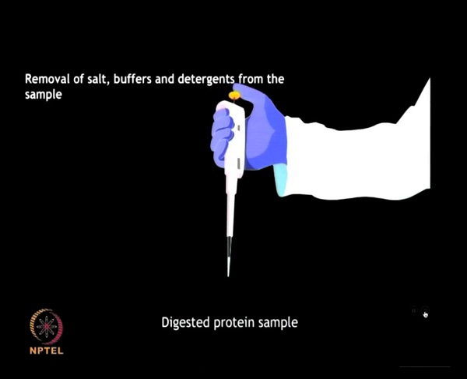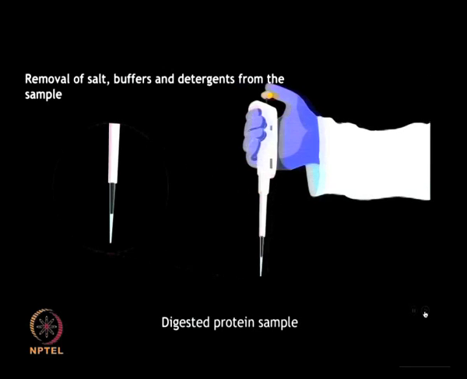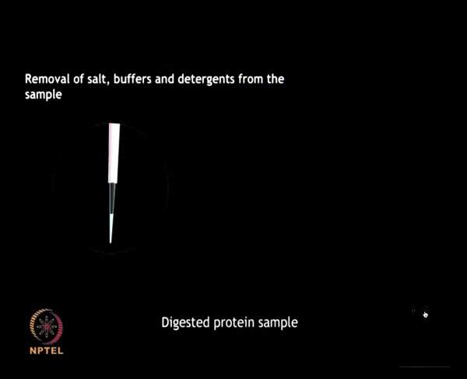So, after doing in-gel digestion and before proceeding to the mass spectrometry analysis, an efficient step in between is to use some filters or a zip tip, which can eliminate some of these contaminants and salts.